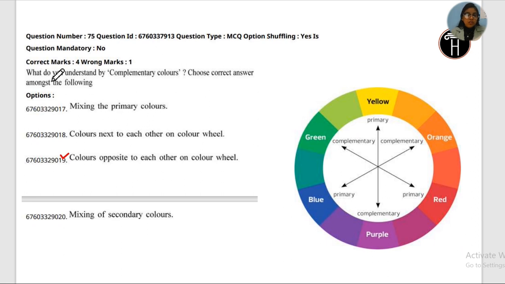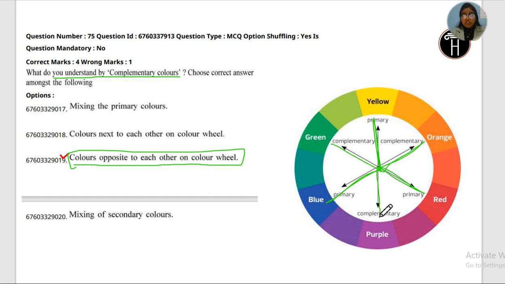Next question is, what do you understand by complementary colors? So what is the concept of complementary color? Complementary color means colors which are opposite to each other on the color wheel. So this is your color wheel, in which the primary colors are red, blue and yellow, and the secondary colors you have are green, orange and purple.